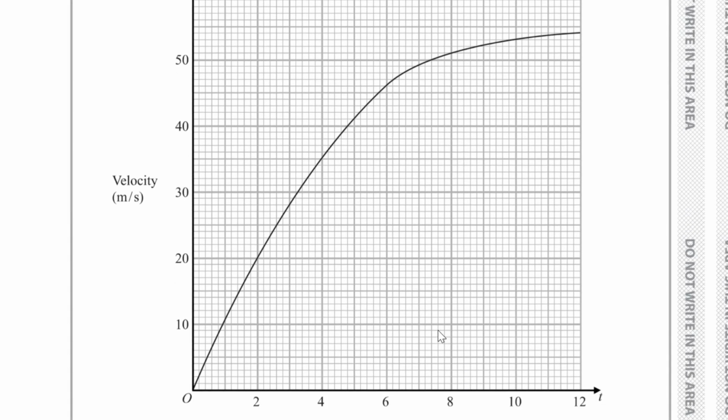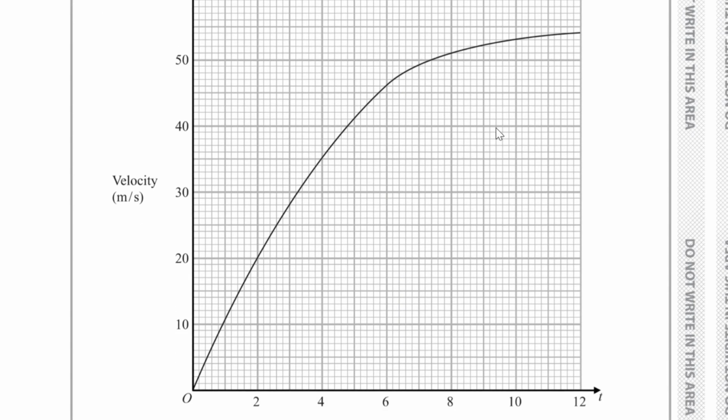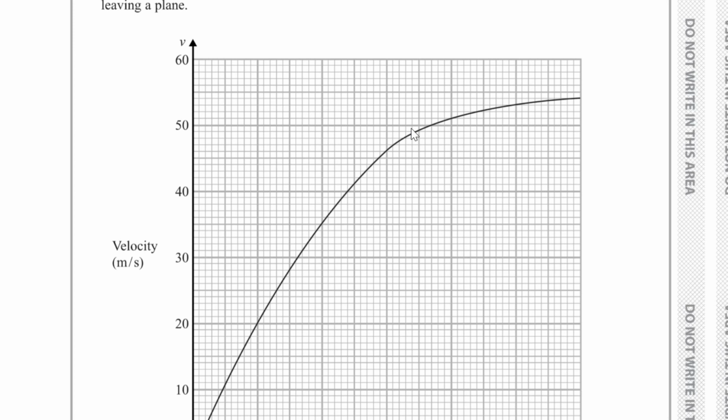So when t equals 6, we need to draw a tangent over here. So if I do that, we have the tangent at this point. Let's just show this in red.